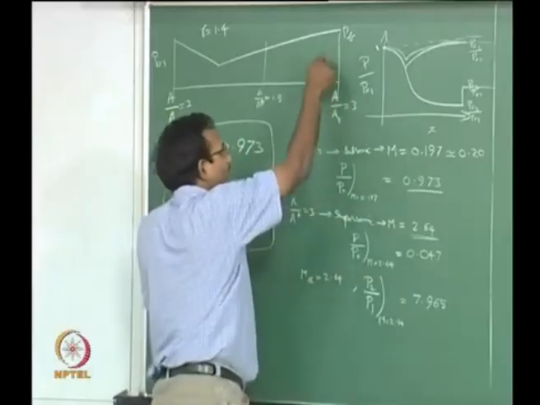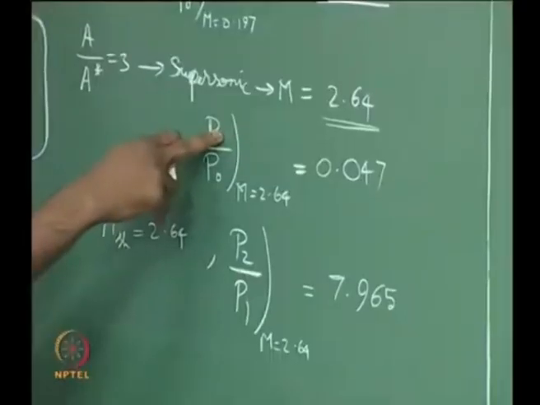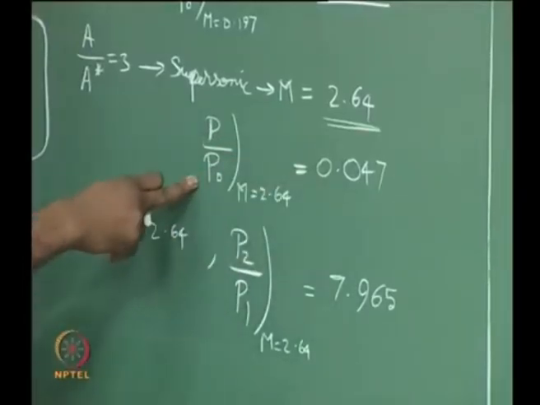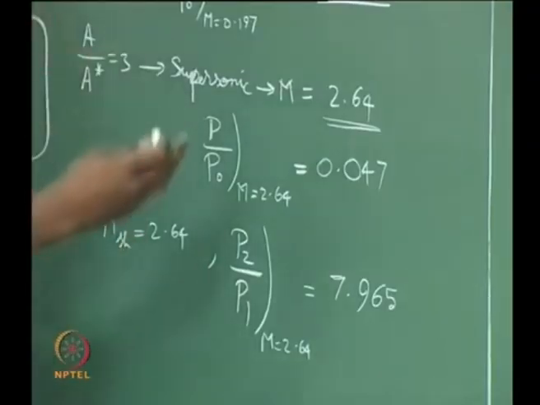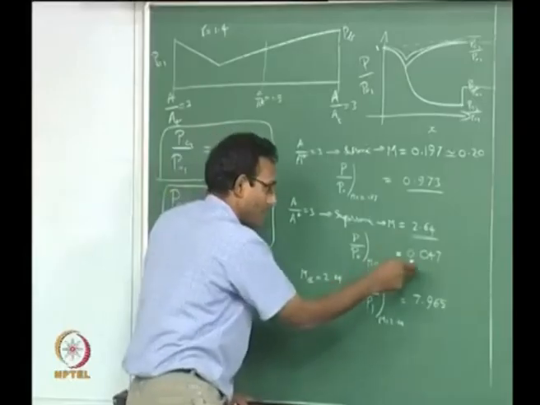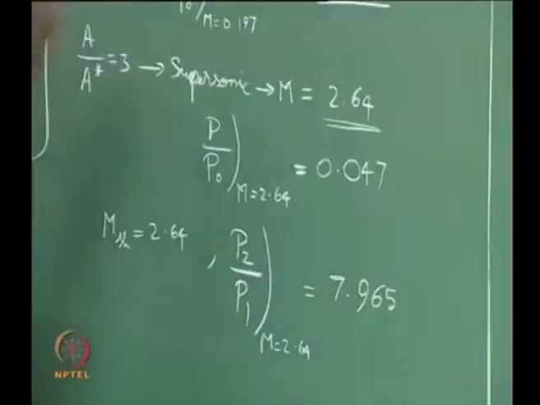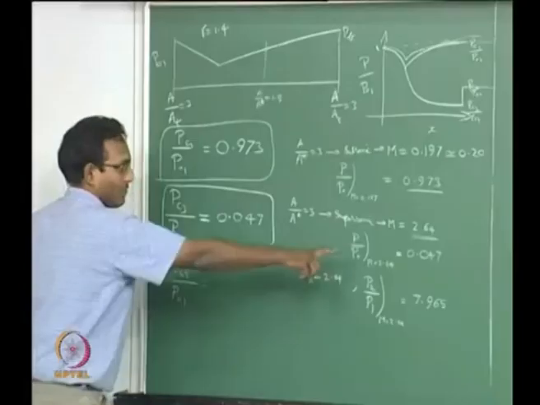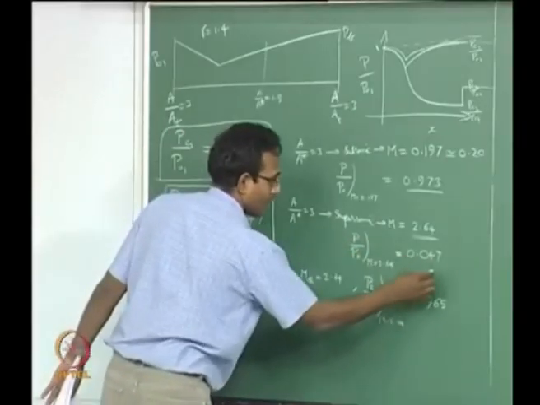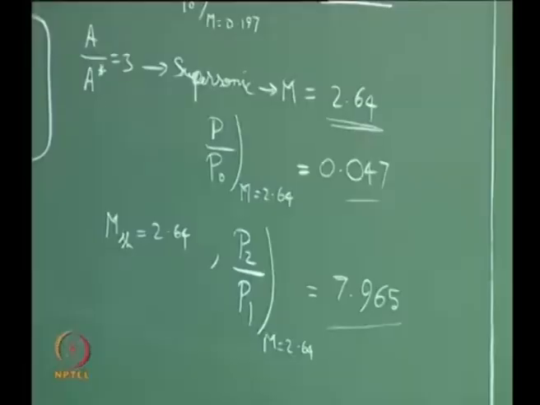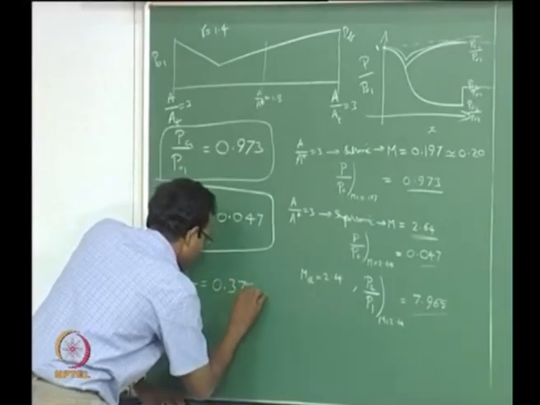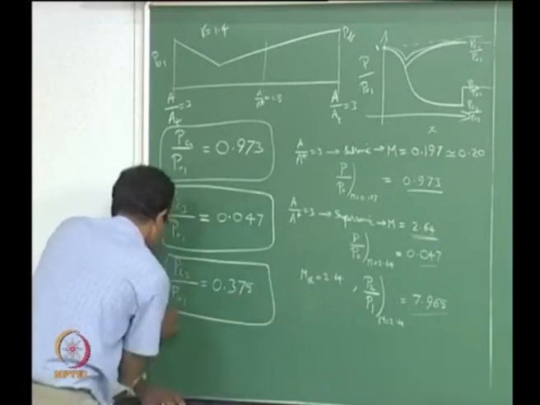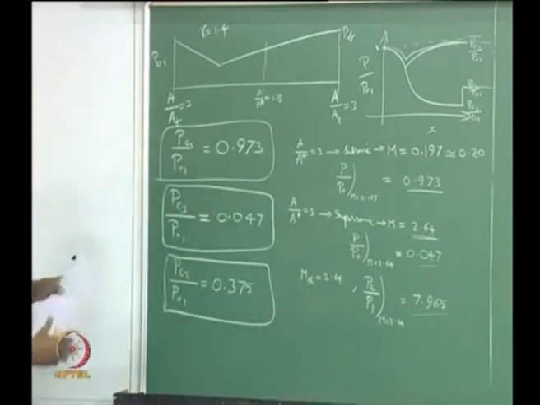I will take the previous exit pressure, which is this value 0.047 into P0, multiply it with P2 by P1, that will give me my aftershock pressure. So I am going to multiply these two, and that will be my new exit after the shock. If I multiply this 0.047 with 7.965, I am going to get a number 0.375. That is my critical pressure 2.